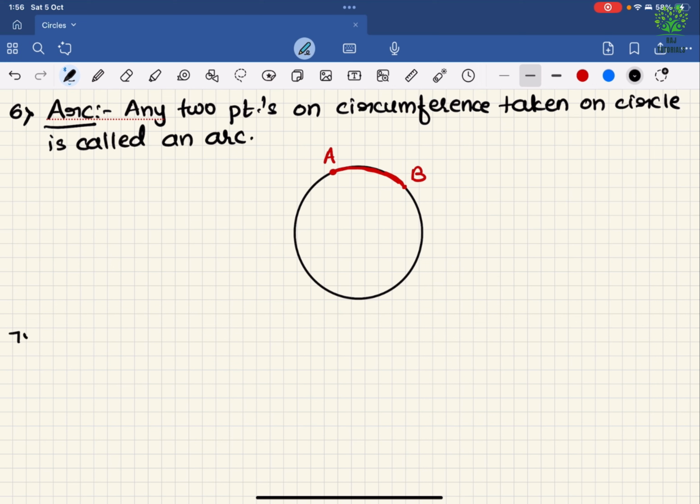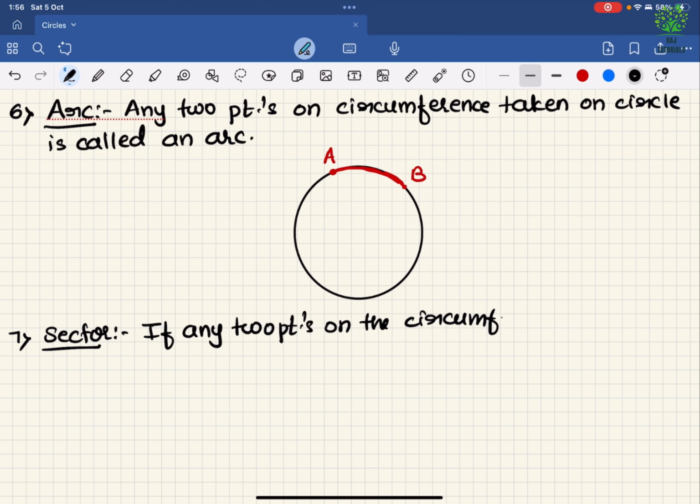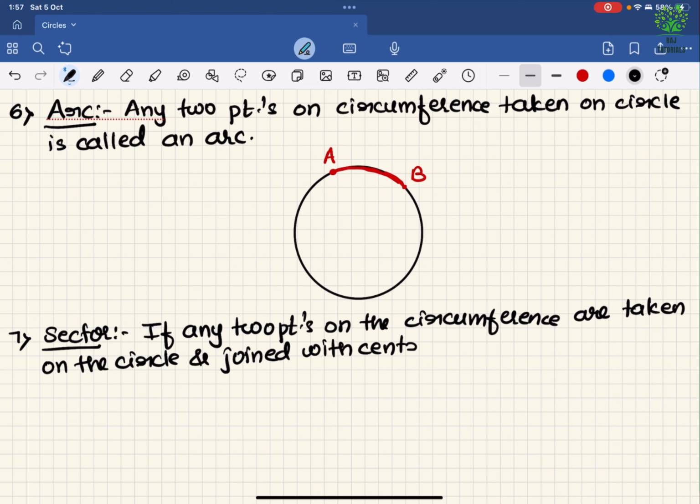Now moving ahead, the seventh point says sector. If any 2 points on the circumference are taken on the circle and joined with center O, then they form a sector.